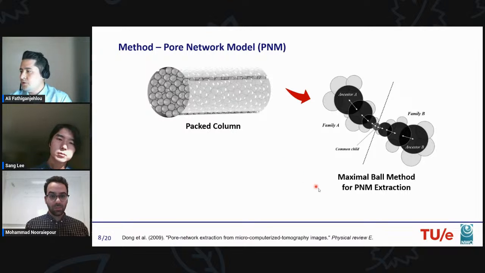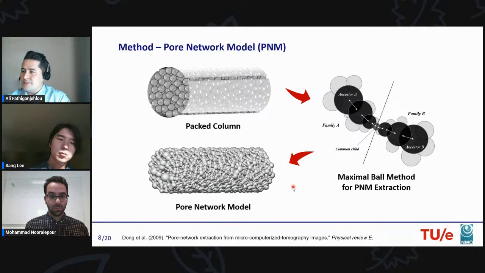The method that we use for extracting the pore network model is the maximal ball extraction method, which was developed at Imperial College. Here you can see a schematic of the pore network model, where the spheres represent the pores and throats are represented by cylinders. We use this pore network model to implement the numerical simulation on the packed bed.